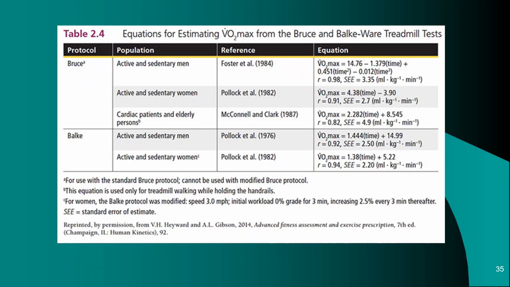In this table, you can see that depending on your client, whether men or women or elderly, you use a different formula. You plug in how much time they spend on the test, and it will give you an estimation of VO2 max for those individuals.